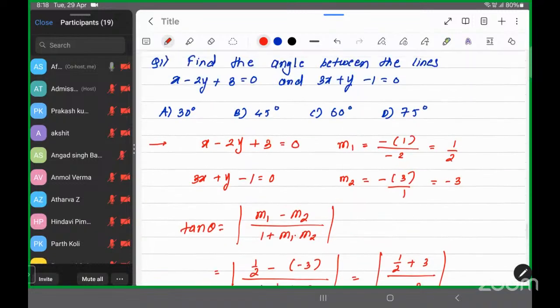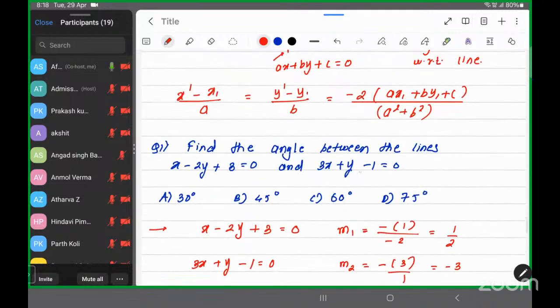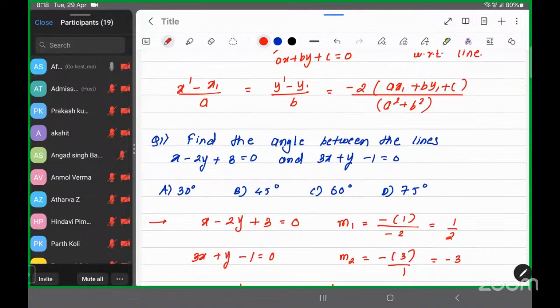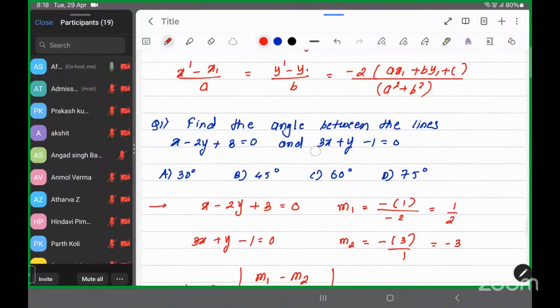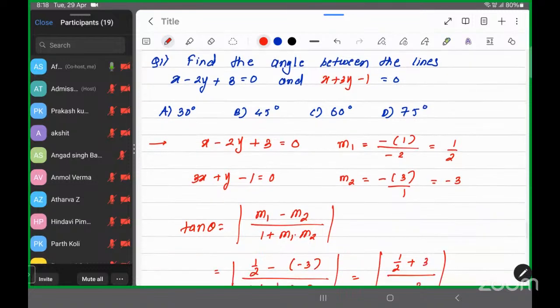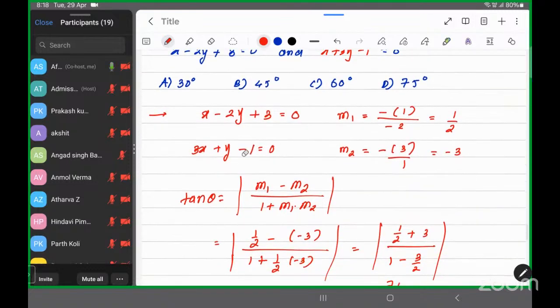The second equation is x plus 3y minus 1 equals 0. Now calculate it. So this slope now is how much? Minus 1 upon 3, which is equal to minus 1 by 3.